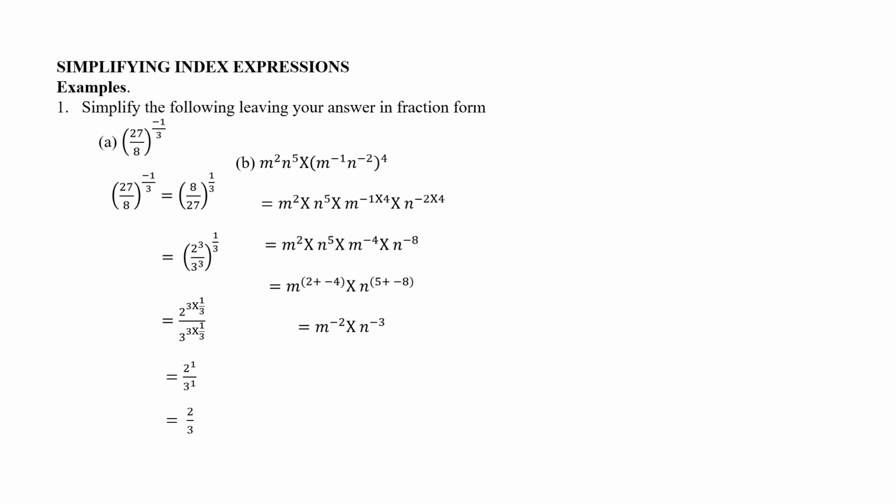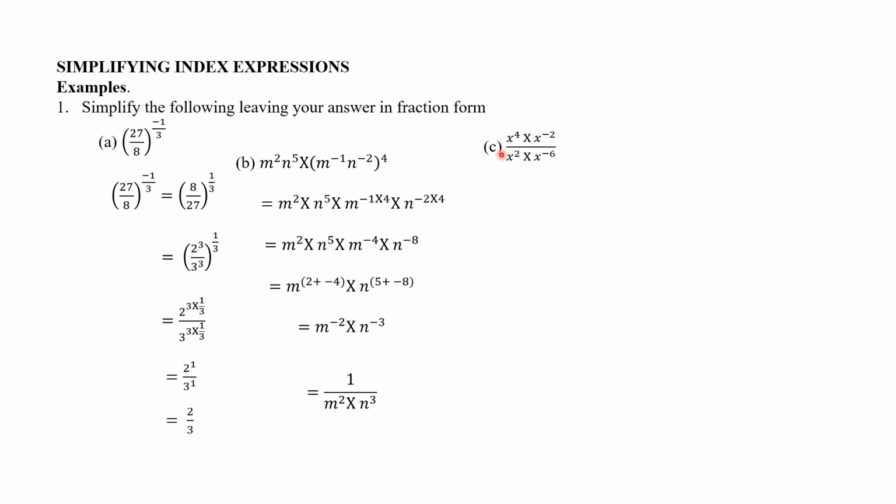Therefore, we can leave our answer like this, or we try to rewrite this expression expressing the powers as positives. So we finally write that expression as 1 all over m squared times n power positive 3 right there. Then we go to part C.